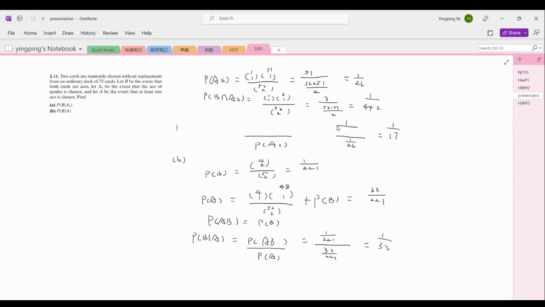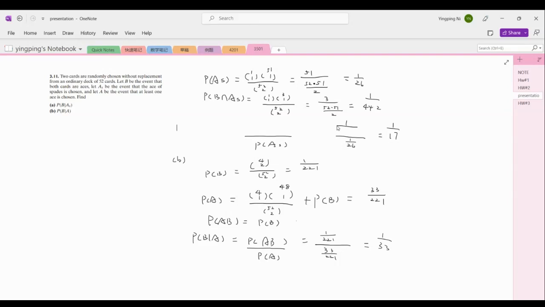And for question B, we need to find P(A) and P(AB). Event A is that at least one ace is chosen, so there are two cases. Only one ace is chosen: choose one ace from four aces, and choose another card from the non-ace cards. The other case is that both cards are aces. That's just P(B).